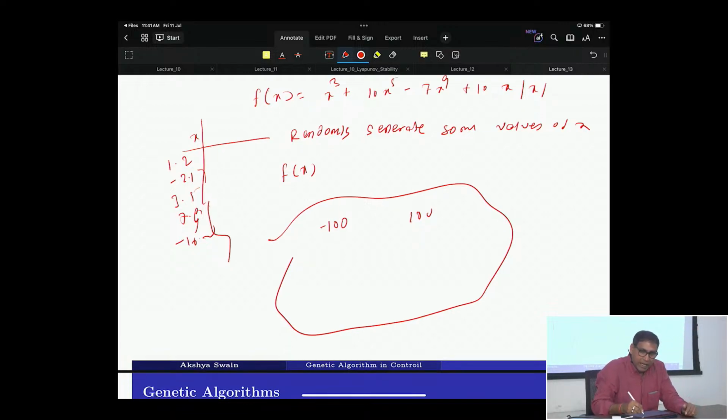Now let us assume I found f of x is minimum when x is equal to 91.234. Right? I found it because I calculated all 20,000, 50,000 values. Is it the true answer? That is the question.